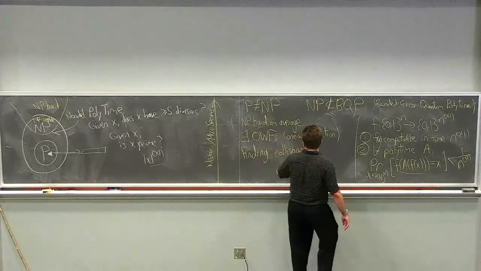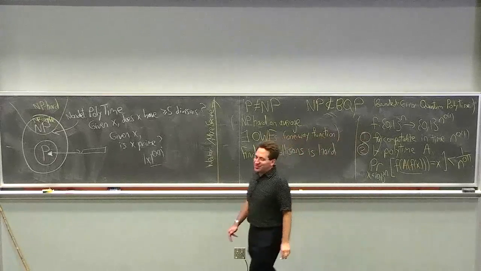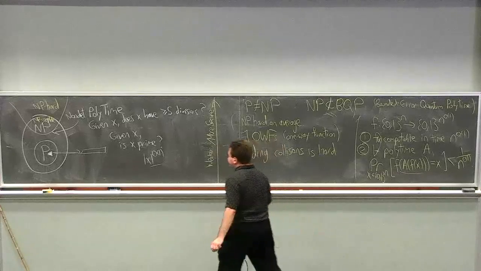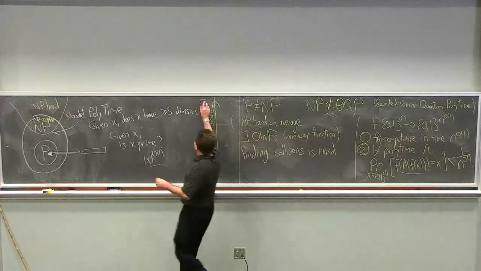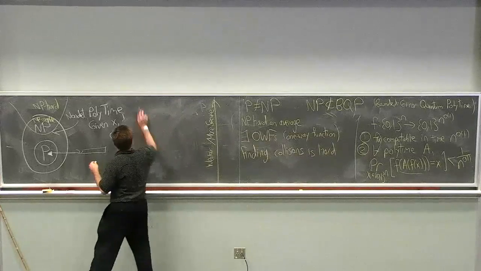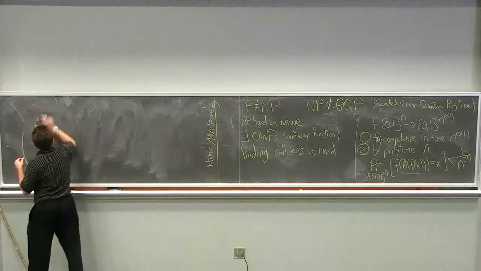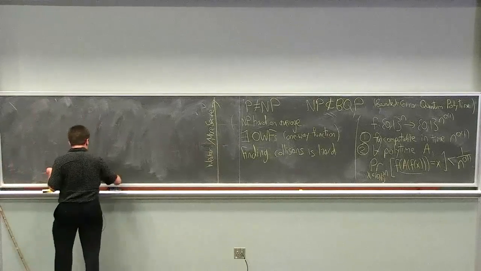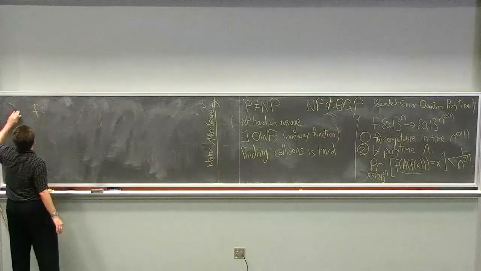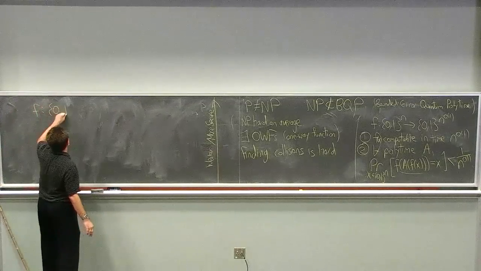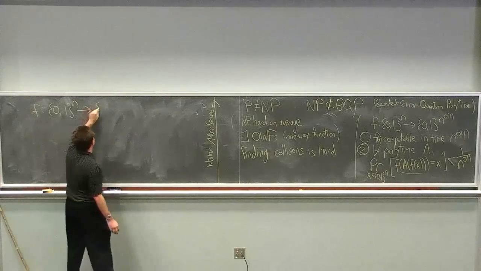We can make an assumption, which I'll call the finding collisions is hard assumption. So here's what this assumption says. Suppose that we're given a function, meaning we have an efficient algorithm to compute it.